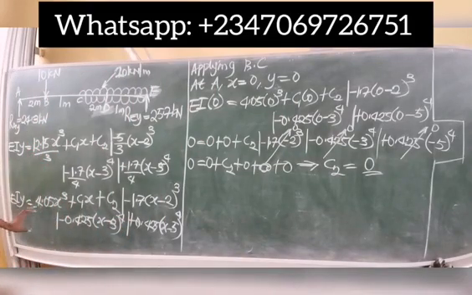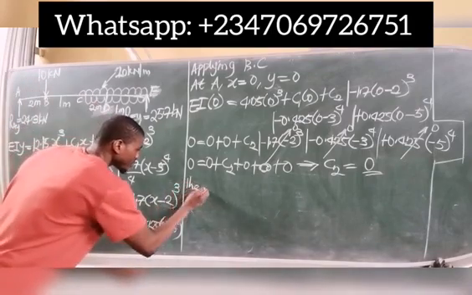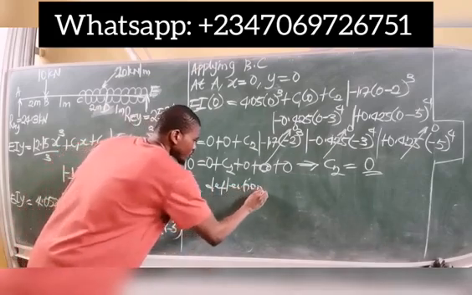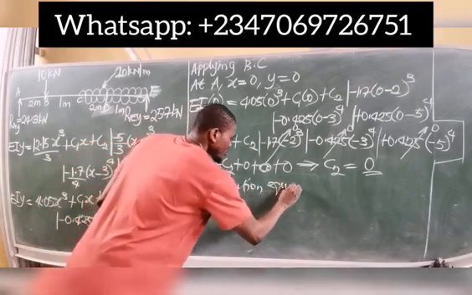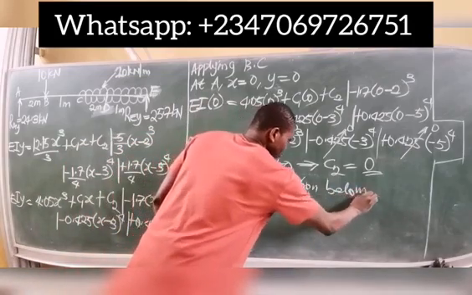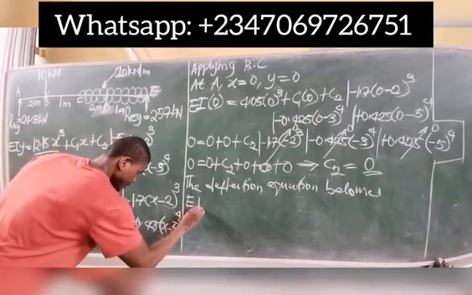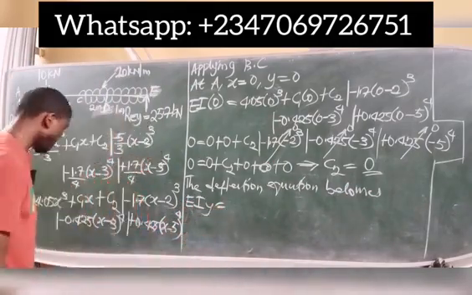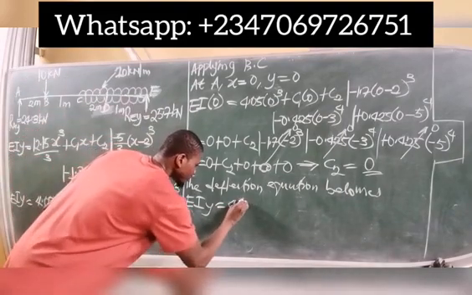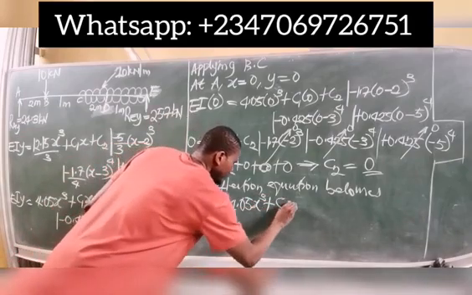Since we found C2 now, the deflection equation can now be written as, okay, so we simply have EIY, and that's equal to 4.05 x cubed plus C1x.